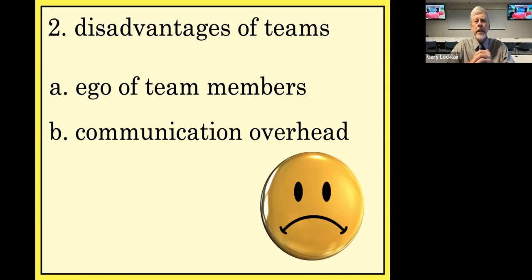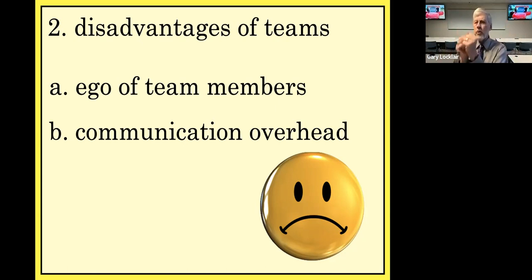We're going to be reading an article and talking about this communication overhead. The more people on a team, the harder it is to communicate and communicate well. And in addition to that, just being a part of a team means there is some overhead.